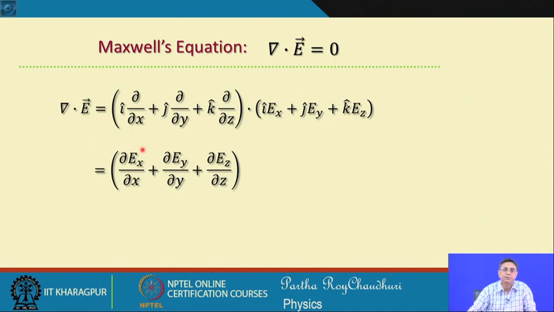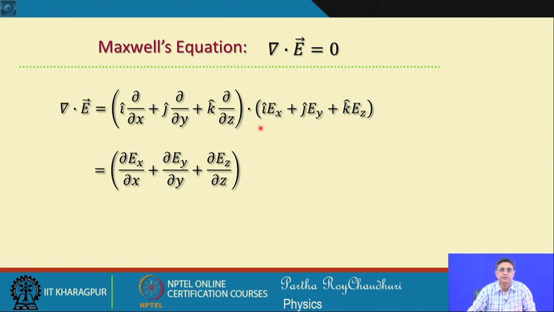Now, our objective is to look at the relative orientation of the electric field and the magnetic field and the direction of propagation of the electromagnetic wave when it is propagating in free space.